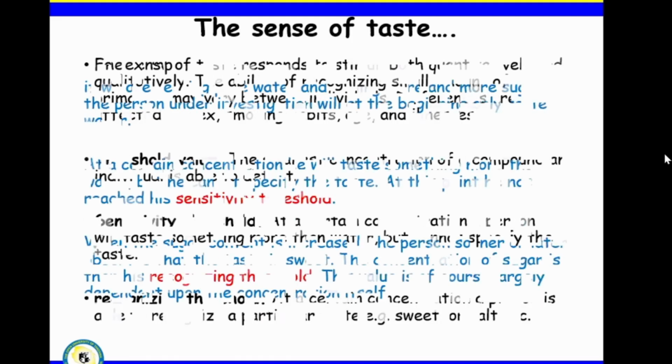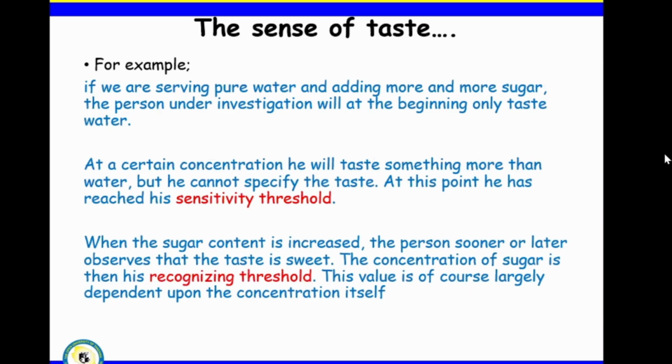For example, if we are serving pure water and adding more and more sugar, you add a little bit and somebody can taste, and then you continue adding a little amount of sugar. The person under investigation will at the beginning only taste water because at first it is pure water. At a certain concentration, he will taste something more than water, but he cannot specify the taste.